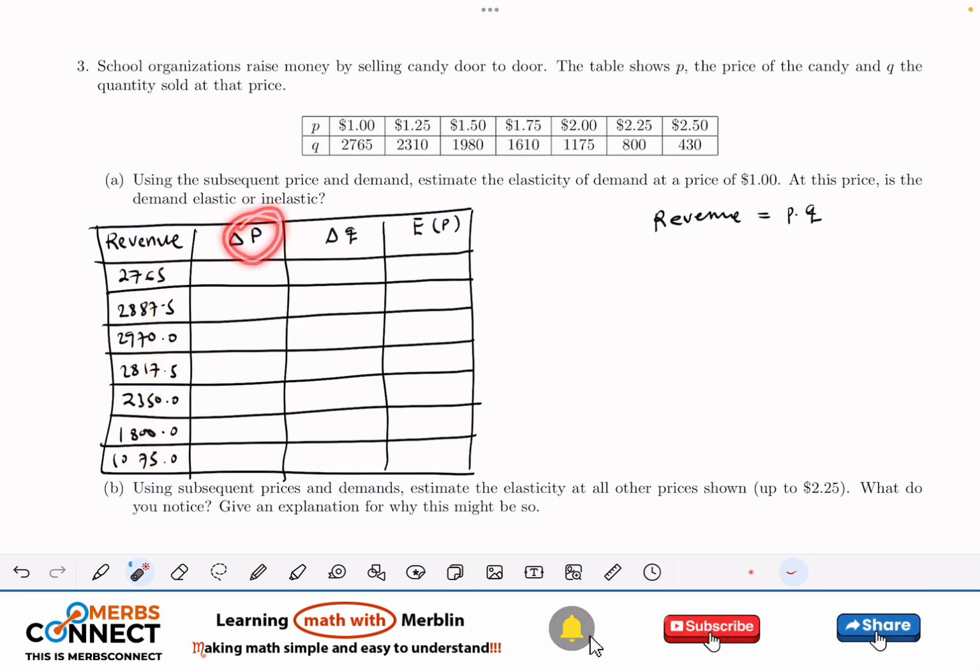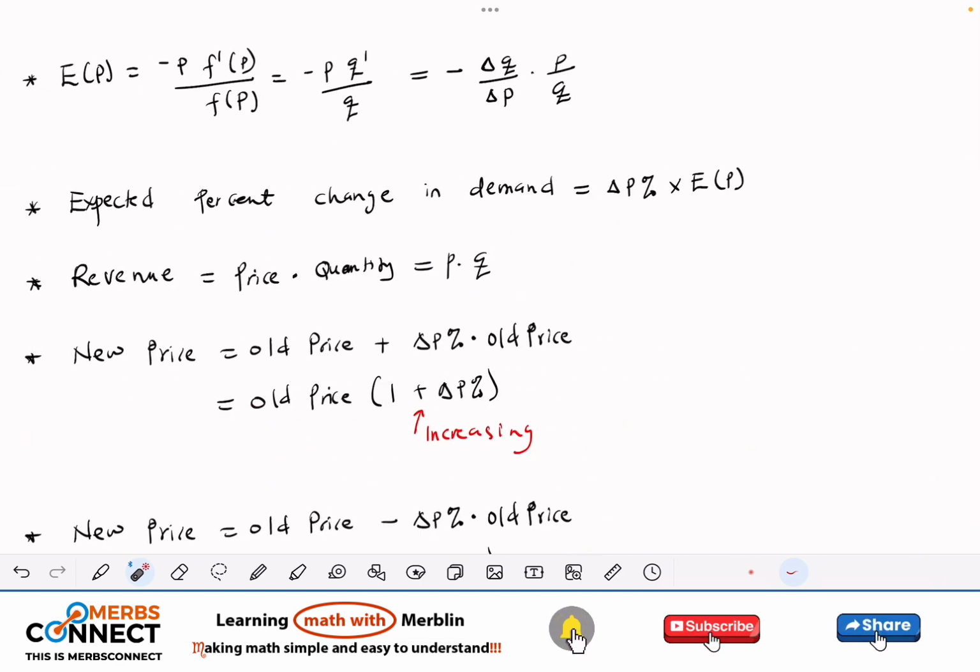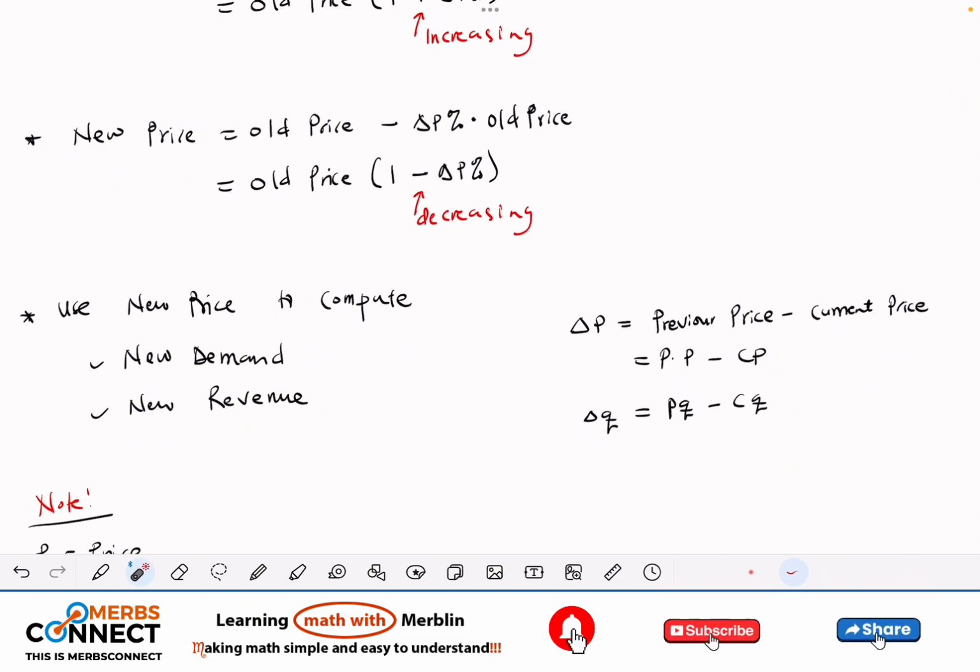Now, what is change in price? We said that change in price is the current price minus previous price. What did I say? No, I've changed it. So it should be current price minus previous price.